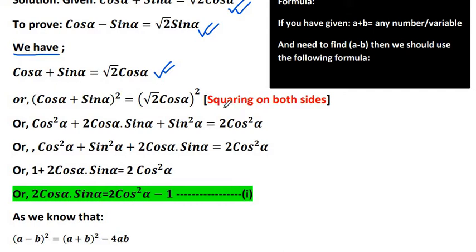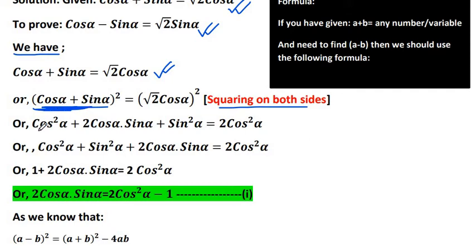When we do squaring on both sides, there will be cos alpha plus sin alpha whole square equals root 2 times cos alpha whole square. This expression is in the form of a plus b whole square, so we should expand it using the a plus b whole square formula, replacing a with cos alpha and b with sin alpha.